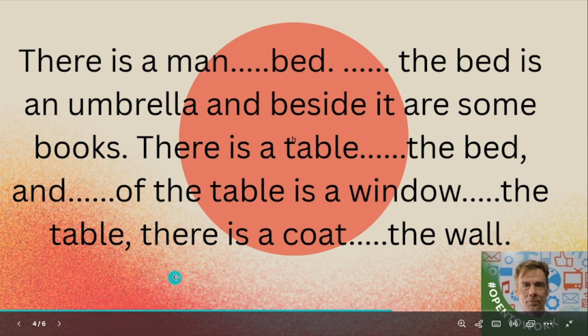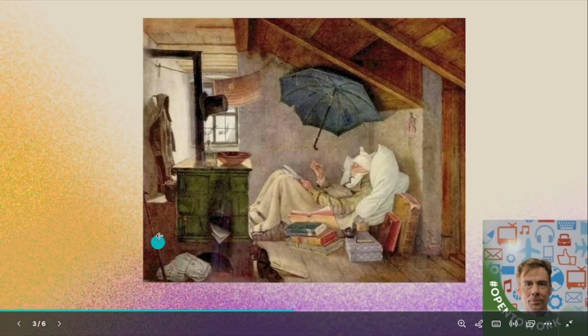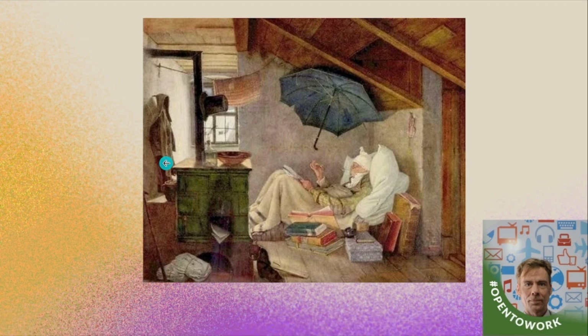The table, there is a coat, the wall. So where's the coat? The coat is behind the table. And where is the coat in relation to the wall? The coat is on the wall.